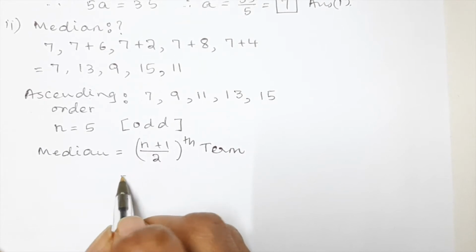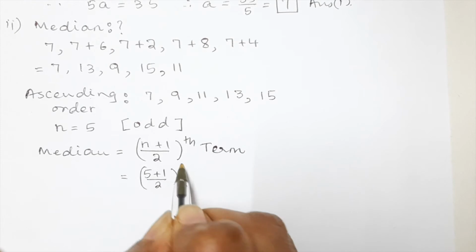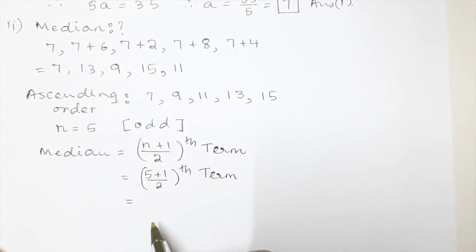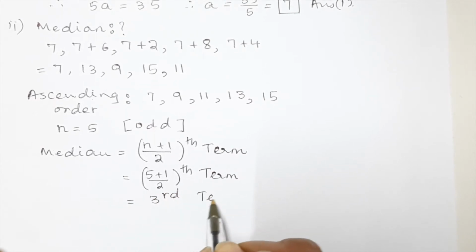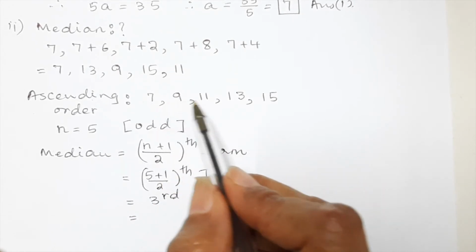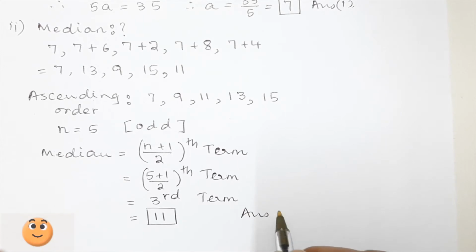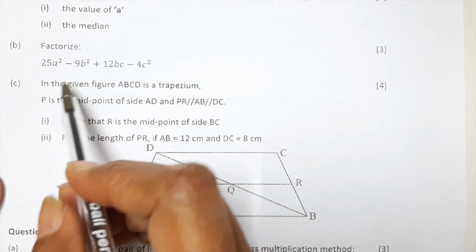So that becomes equal to 5 plus 1 upon 2th term, which is equal to 6 upon 2, which means the third term. And the third term is 1, 2, 3, so that is 11. And that is our answer 2. So we finished 6a.